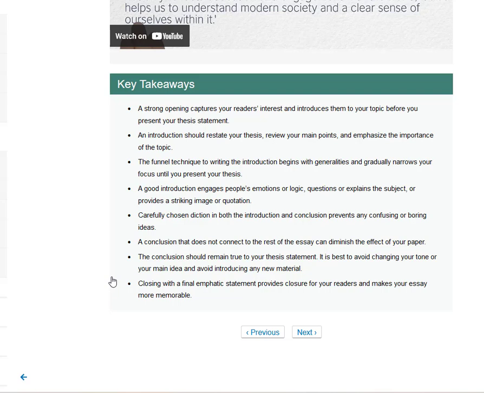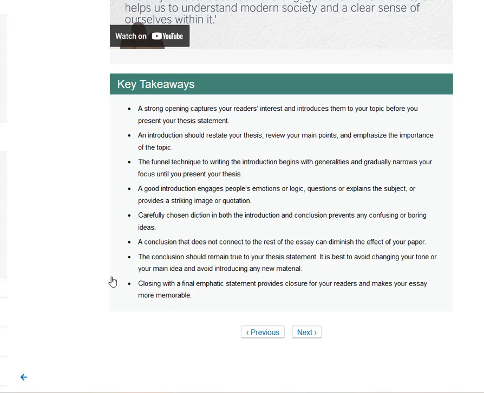Key takeaways. A strong opening captures your reader's interest and introduces them to your topic before you present your thesis statement. A conclusion should restate your thesis, review your main points, and emphasize the importance of the topic. The funnel technique to writing the introduction begins with generalities and gradually narrows your focus until you present your thesis.